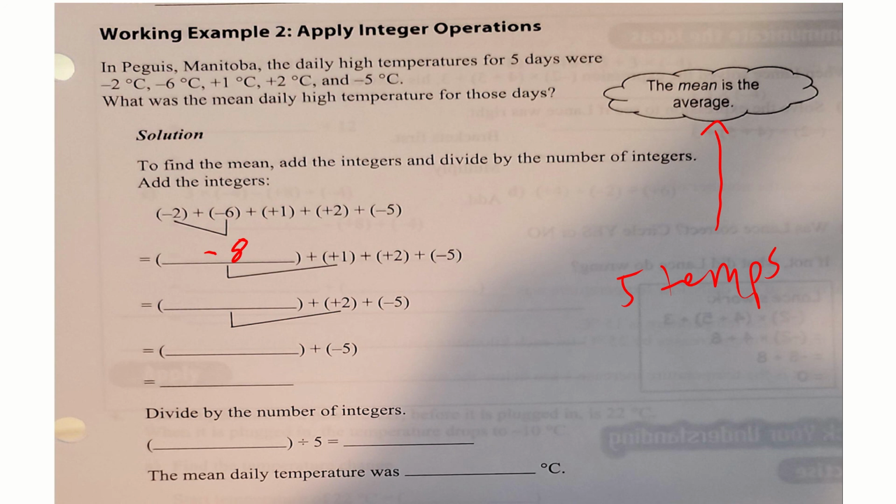If I take negative 8, let's say I'm on my number line again, and I'm at 0 here. I want to add 1 because I'm going positive. It is going to be negative 7. Now we're at negative 7, so I want to add 2. I'm going to go 1, 2, so 6 and 5.